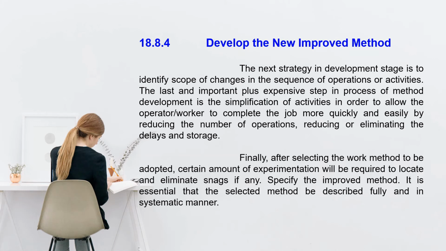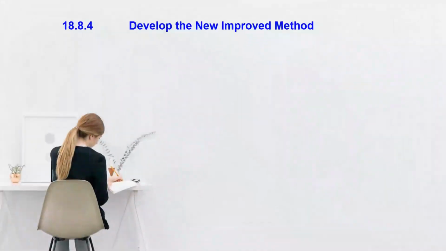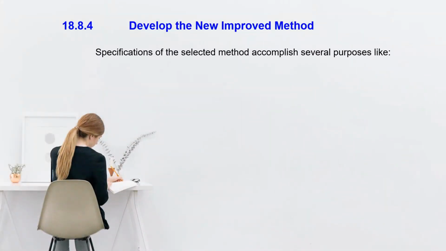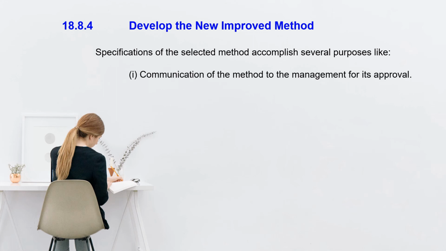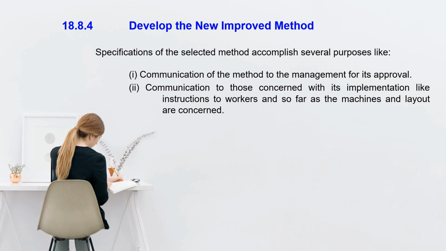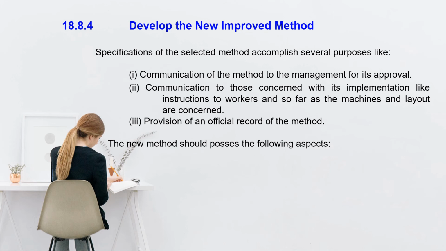It is essential that the selected method be described fully and in a systematic manner. Specifications of the selected method accomplish several purposes, like communication of the method to the management for its approval, communication to those concerned with its implementation, like instructions to workers and so forth, as the machine and layout are concerned, and provision of an official record of the method.